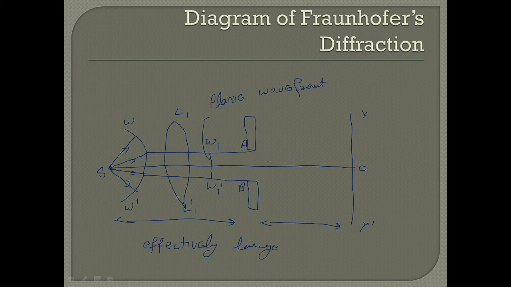A lens is also taken in between the slit and the screen because this distance is also effectively large. So to obtain a diffraction pattern, we need another convex lens here.